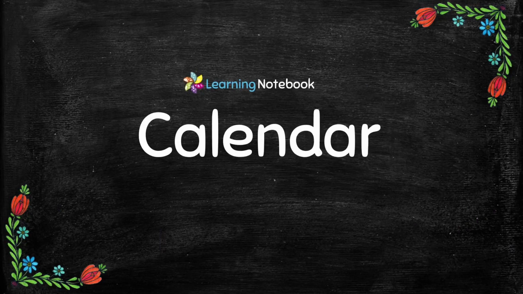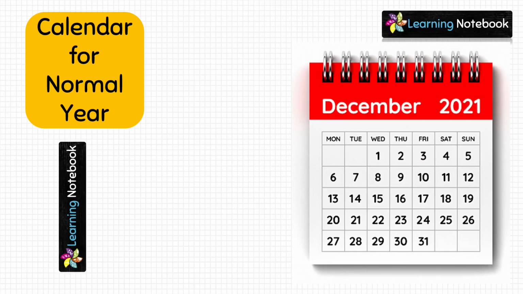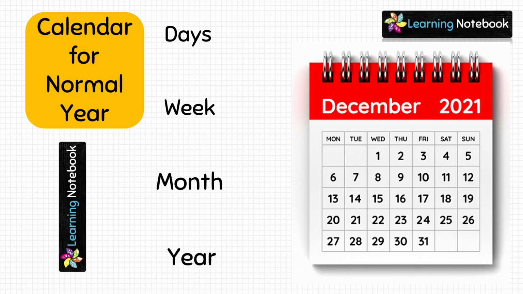Now let's move to our next topic, calendar. First, let's understand the calendar of any normal year. Students, when we see any calendar, we see days, weeks, months, and year.